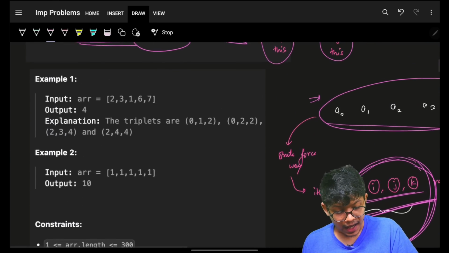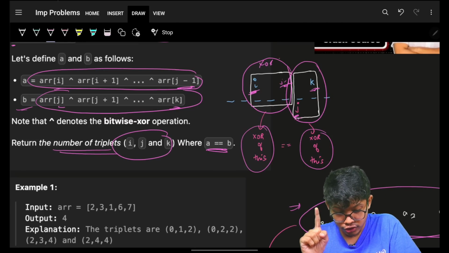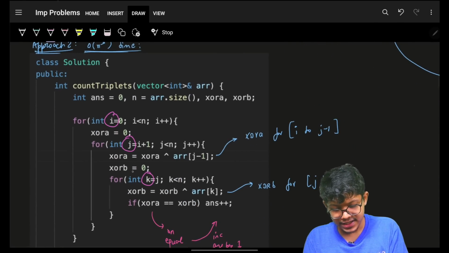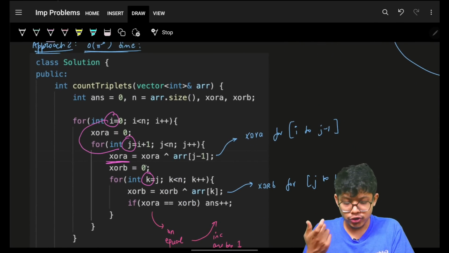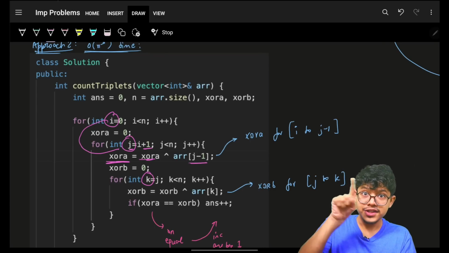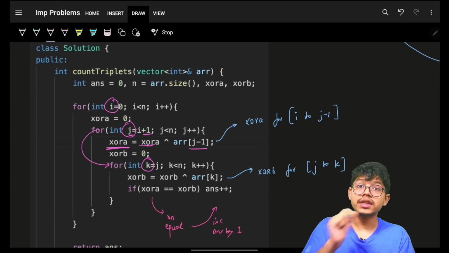Remember, i to j minus 1 is XOR a, and j to k is XOR b. So again, i, j, and k: from i to j I want the XOR a, so I'm getting the XOR a. Here j is i plus 1, that's the reason I am doing ARR of j minus 1. And then from j to k, I want the XOR b.